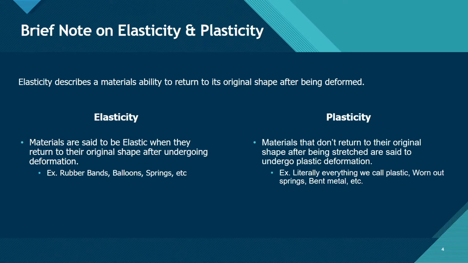Plastic things, or plasticity, is when after you apply these forces and loads, these deformations, they don't go back to the original shape. Quite literally, everything we call a plastic, we call it that because it undergoes plastic deformation. Play-Doh, worn out springs, metal when you bend it, those undergo plastic deformation.